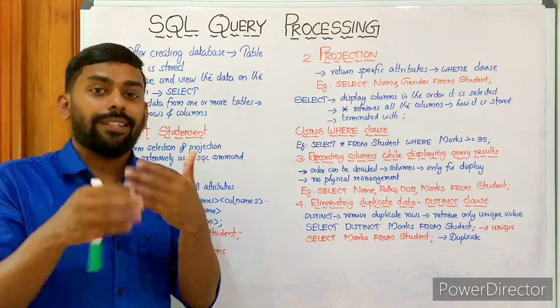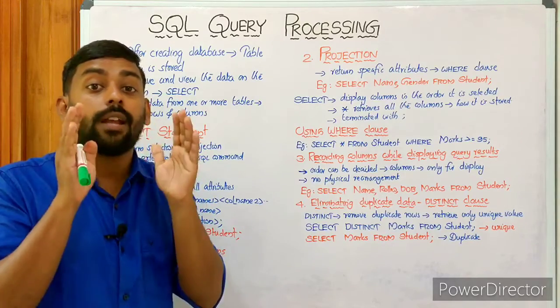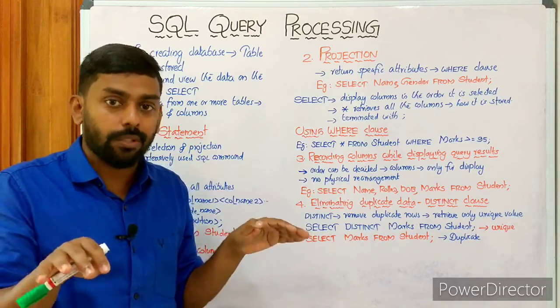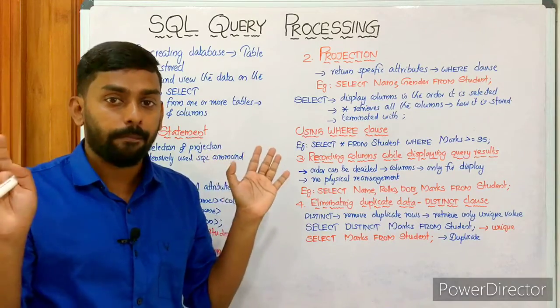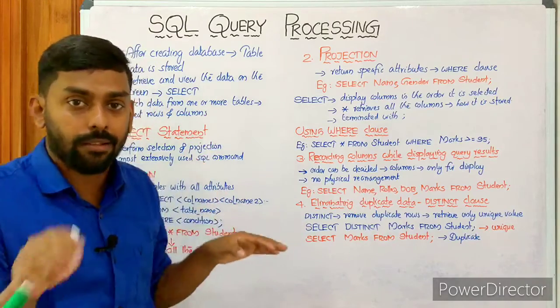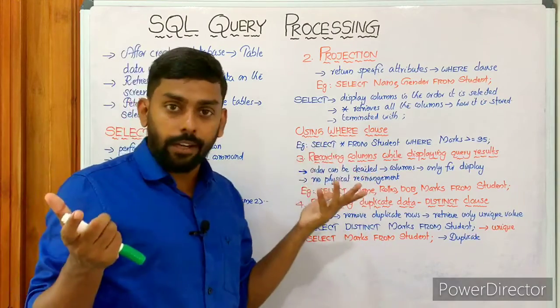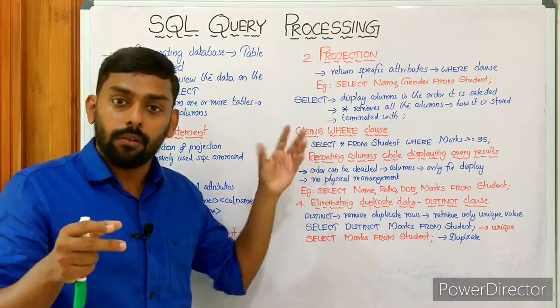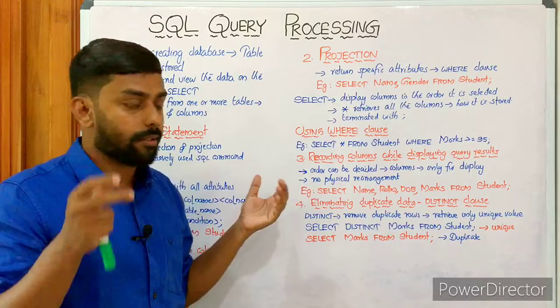If you think it is a change, it's only at the time of displaying. We cannot say it is a change. It is just for display. Select is used just for the display purpose, nothing else. No physical rearrangement is happening applying the select command. Hope you get it.